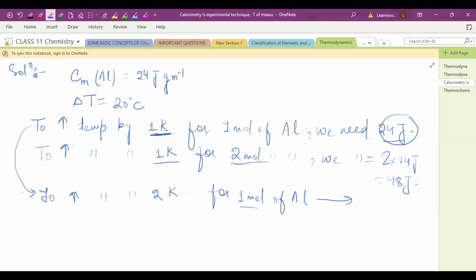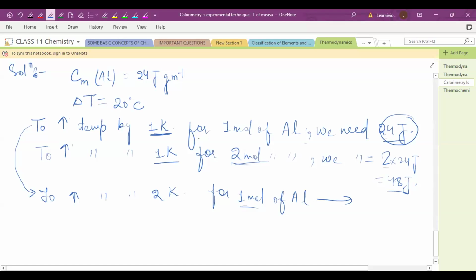Yes, we are just using the unitary method. If you increase the temperature by 1 Kelvin for 1 mole of aluminium, the energy is 24 joule. But for 2 moles of aluminium, we multiply 24 by 2, so you will require 48 joule.